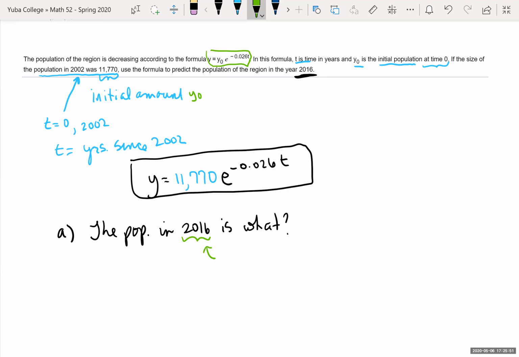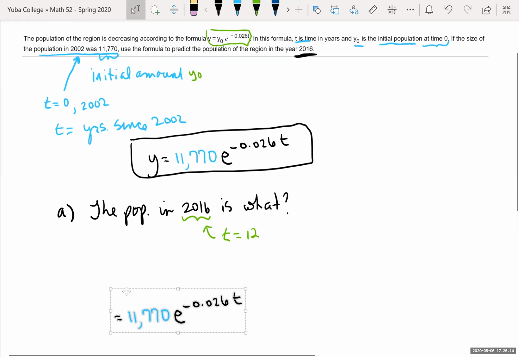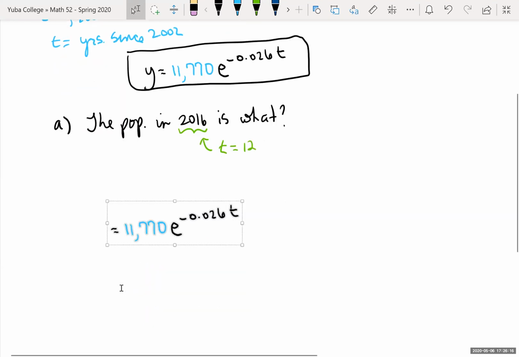So in this case, t is going to equal 12. And so you're just going to go back into the formula that we have and plug in 12 for t. Okay, so doing that.